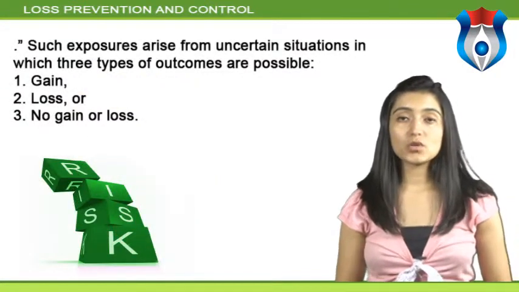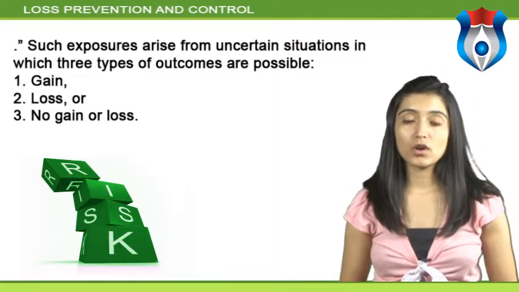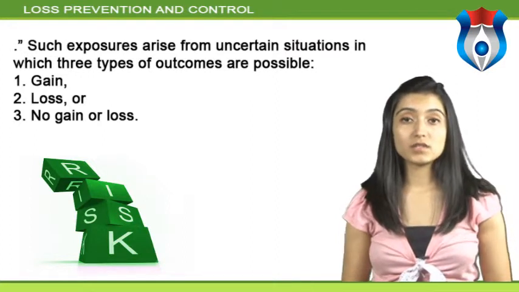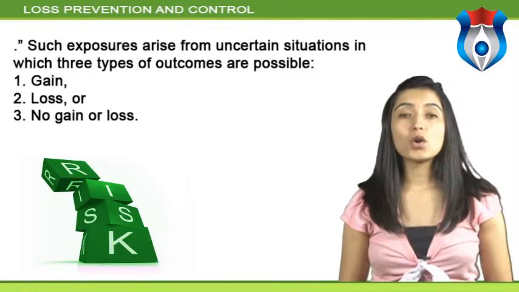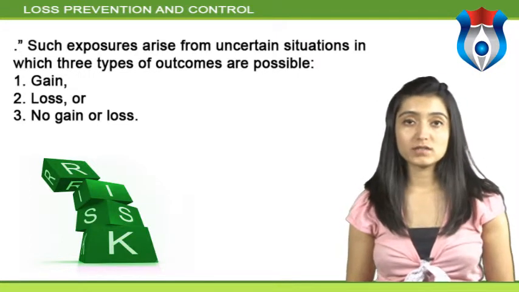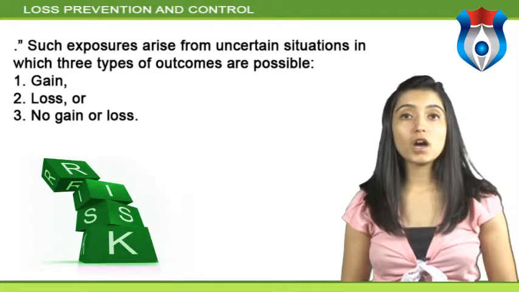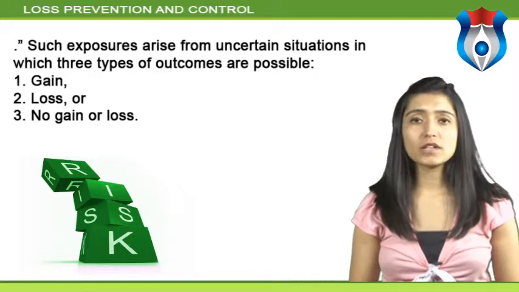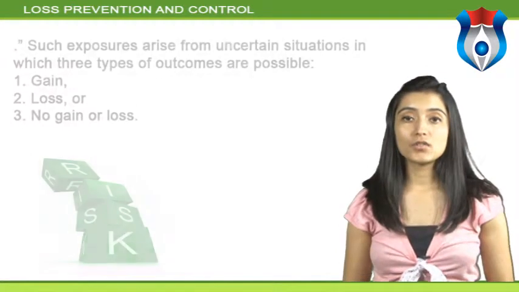Such exposures arise from uncertain situations in which three types of outcomes are possible: gain, loss, or no gain or loss. Individuals and organizations often undertake business or speculative risks willingly in the hope of gaining.